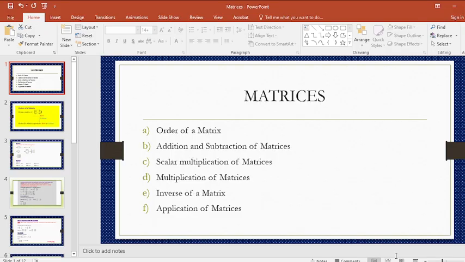I told you matrices is one of the few topics that are highly set as far as item number 3 is concerned, where we have data collection and probability as the theme. Under item numbers 3 and 4, we have topics like data collection and presentation, graphs, set theory, matrices and probability.